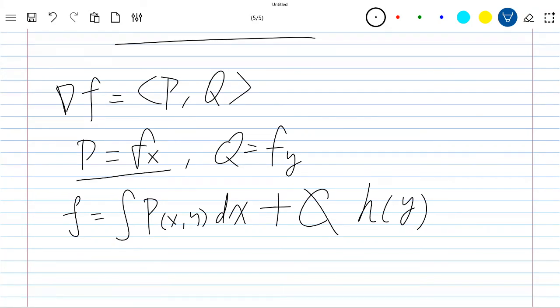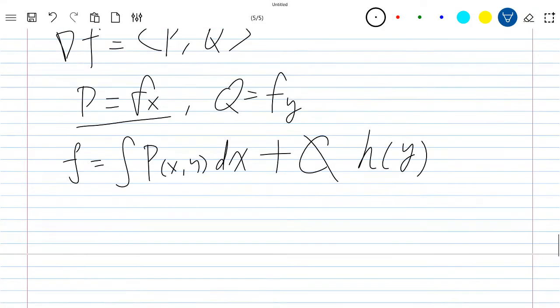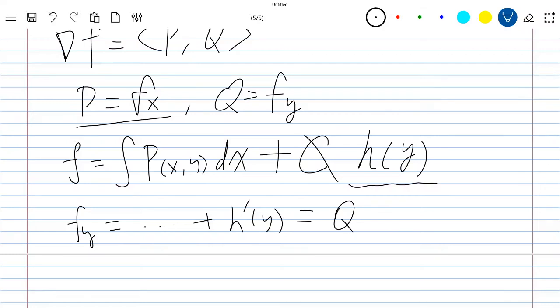So you always recover P when you take the x derivative. Then how do you determine this h of y? You can just take its y derivative. So take F_y. It must be something plus h prime of y, and that must be equal to Q. Matching them, you see what h prime is, and you can integrate that to get h.